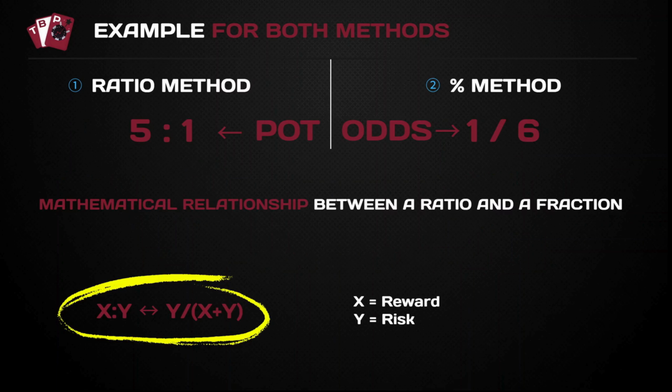On top, we see again the result of the simplified example from before. Now we're going to discover that you can transform the ratio result into the percentage result. To transform the ratio result into the percentage result is possible because there exists a mathematical relationship between both methods.